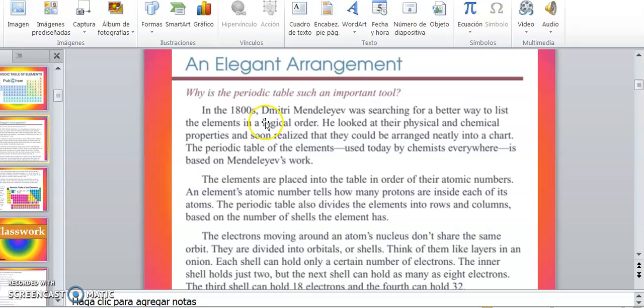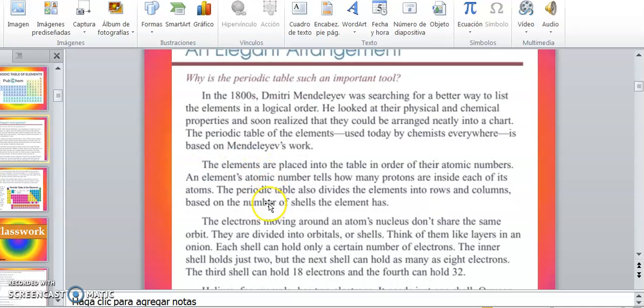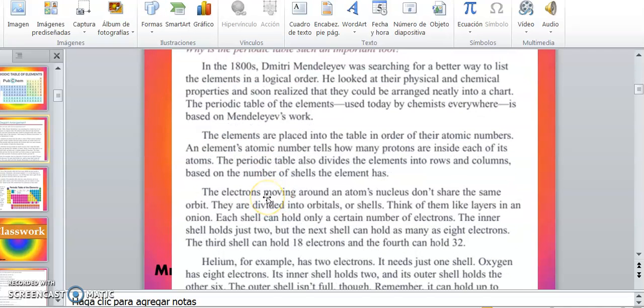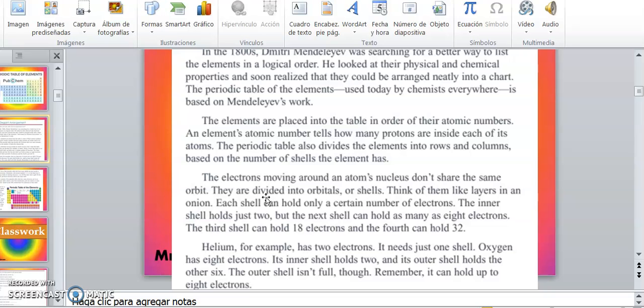Very good. Dmitri Mendeleev was searching for a better way to list the elements in a logical order. He looked at their physical and chemical properties and realized he could arrange them into a chart, the periodic table of the elements used today by chemists everywhere. Mendeleev's was an important investigation, right?